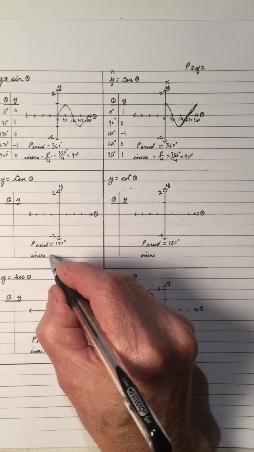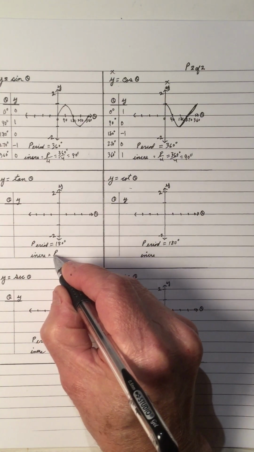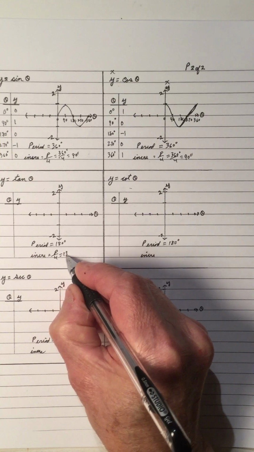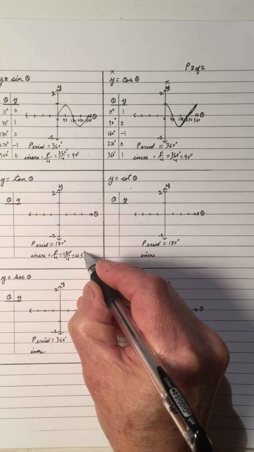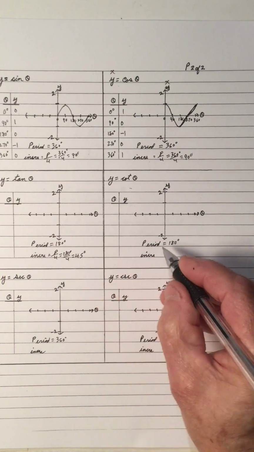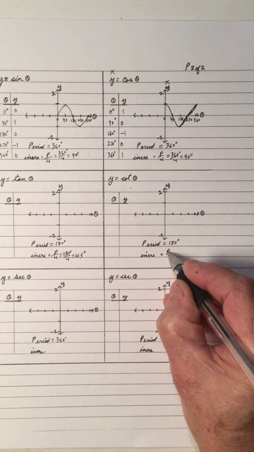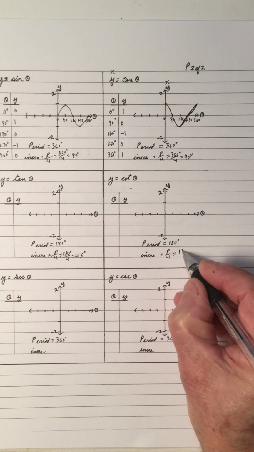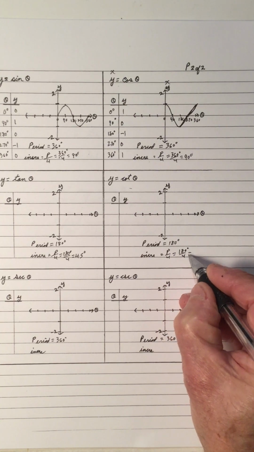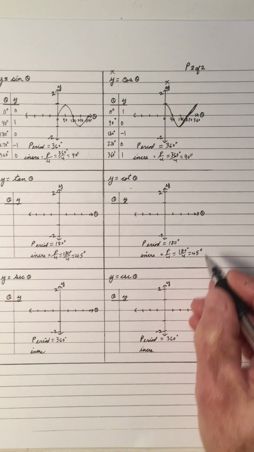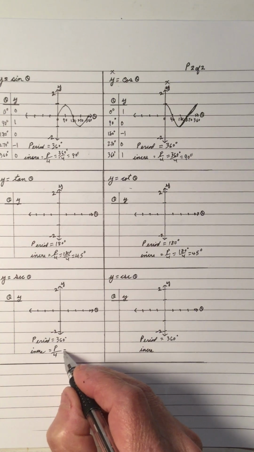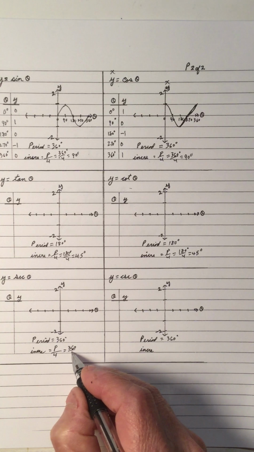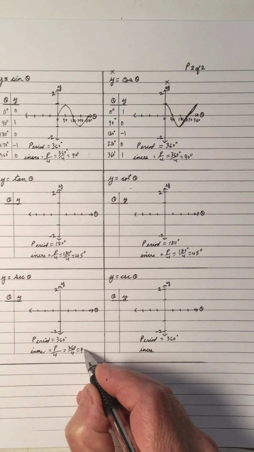And if we have that, then the increment is the period divided by 4. So we have 180 divided by 4, so the increment between each one is 45. And here we have the period divided by 4 again, 180 divided by 4, so we have 45s. And here the increment is the period divided by 4. 360 divided by 4 gives you 90.